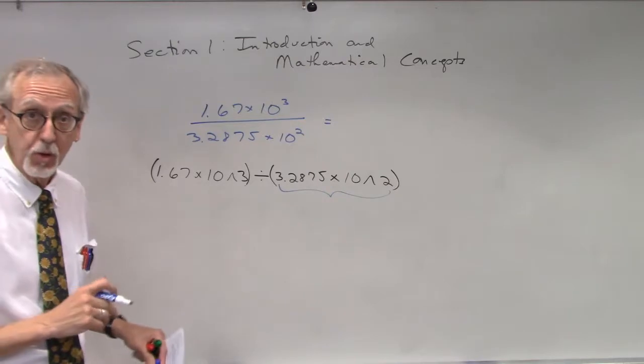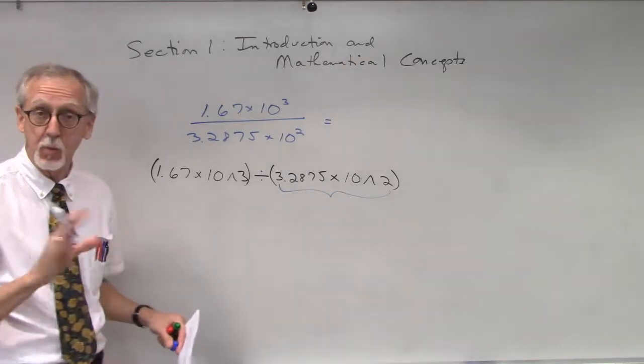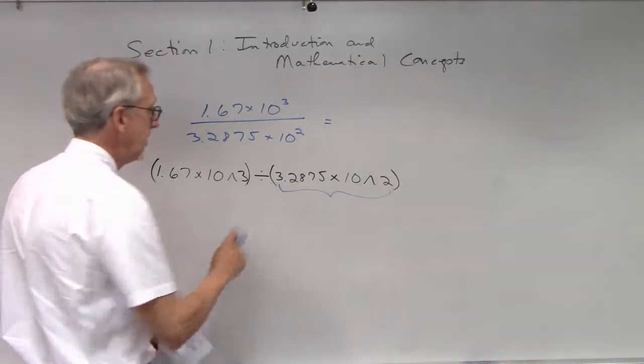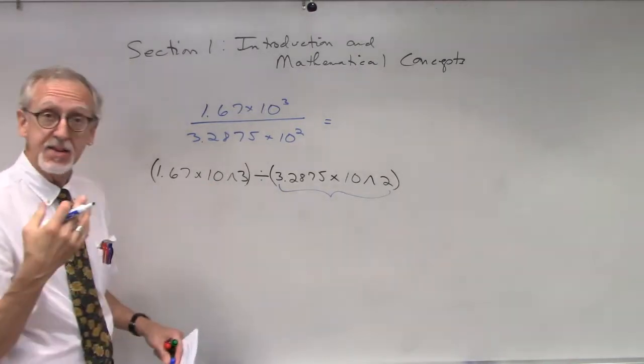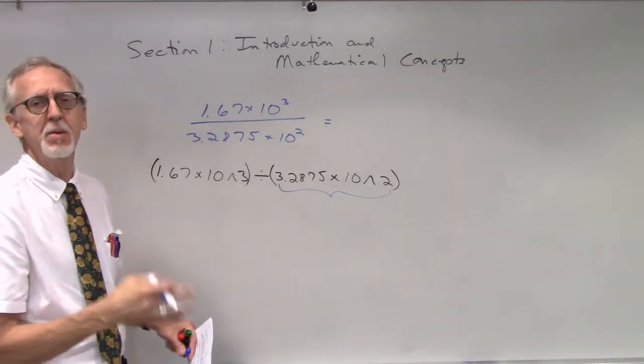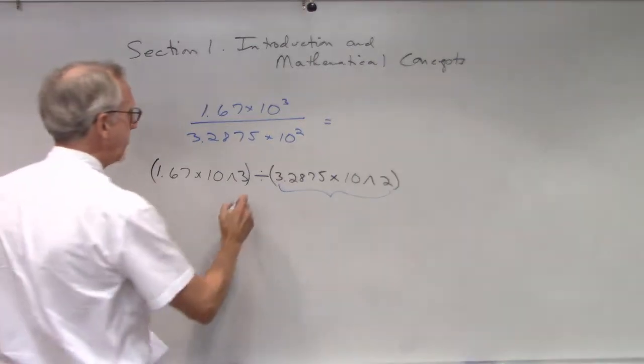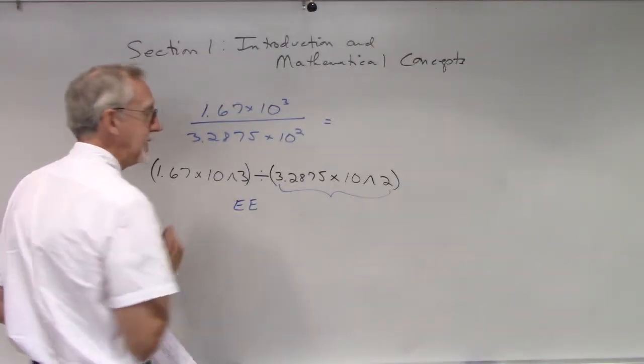A simpler way of solving this problem, and what I really would emphasize that you do, is most calculators have a button that tells your calculator you're putting the number in scientific notation, and often it looks like EE.